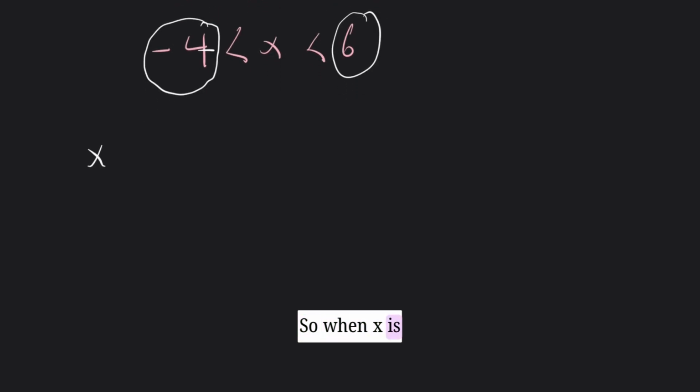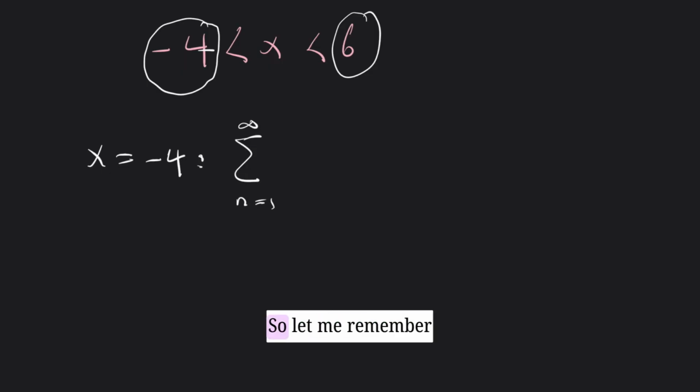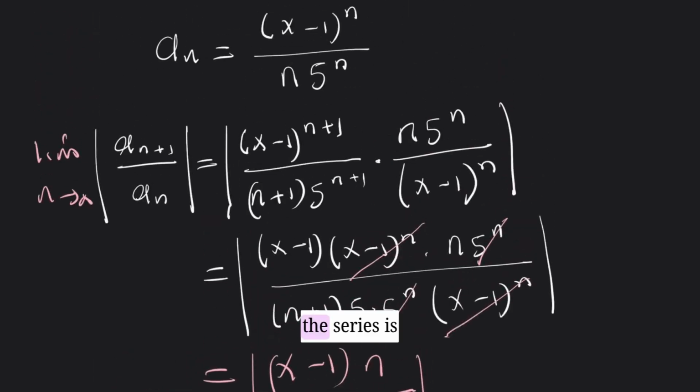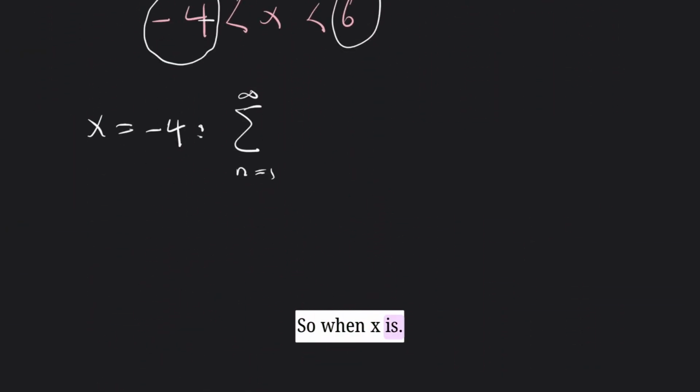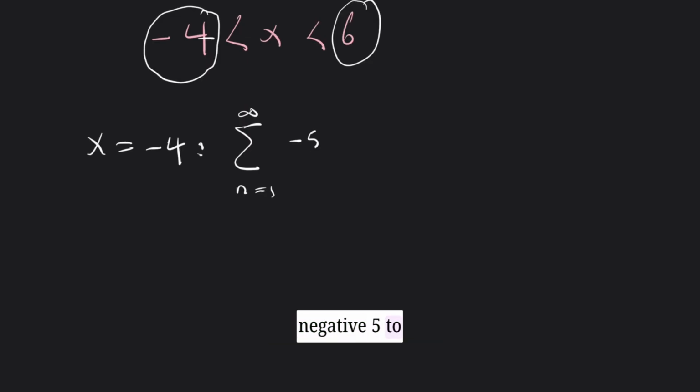When x is equal to negative 4, the series becomes the sum from n equal to 1 to infinity. Remember the series is (x minus 1) to the power n. So when x is negative 4, you just remain with (negative 5) to the power n, divided by n times 5 to the power n.